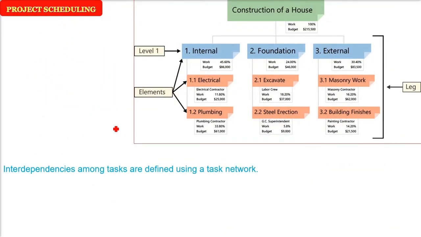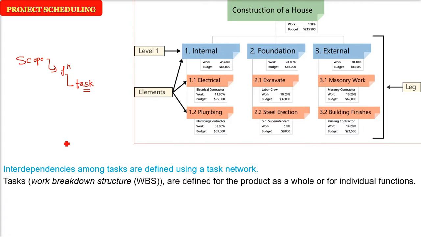In project scheduling, there are different tasks. You might recall that we first make the scope, then we take out the functions, and then we decide the tasks that will be accomplished to fulfill the function. There will be tasks which are interdependent, so these are defined using a task network. So how to make these tasks?